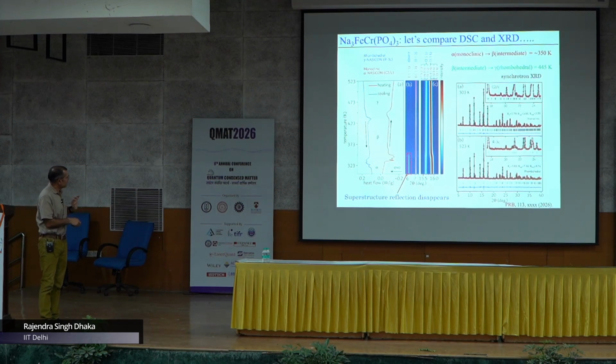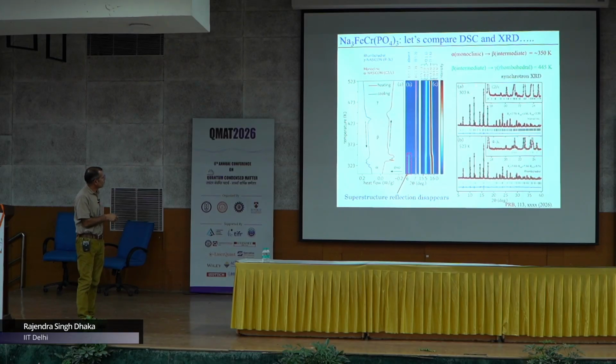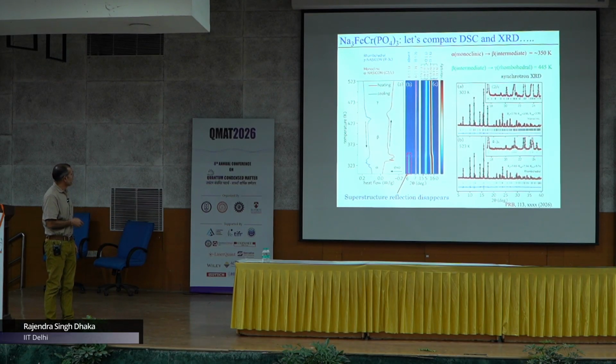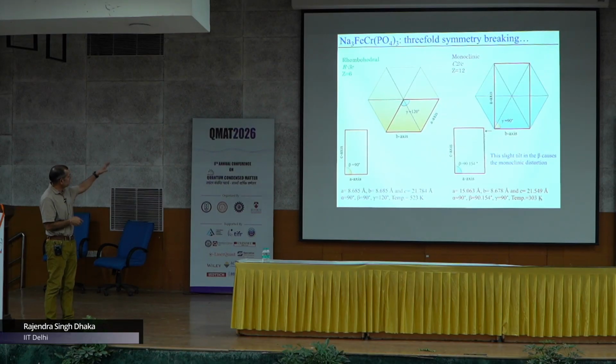So this superstructure peak disappeared, and of course there are many other changes that we have tried to probe. At 300 Kelvin and at the highest temperature we were able to fit with the monoclinic phase and the rhombohedral phase respectively, and extracted the parameters. This change is happening mainly because of the breaking of threefold symmetry going from rhombohedral to monoclinic.